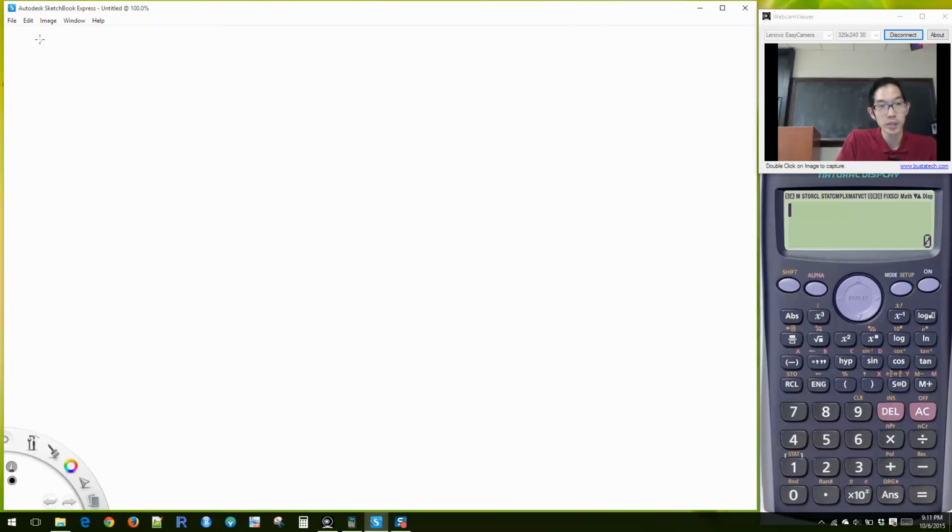Okay, so again, y is going to be the thickness of a book and x is the number of pages in the book.